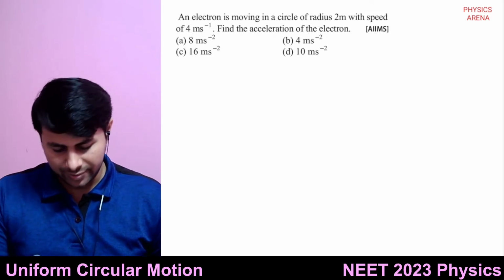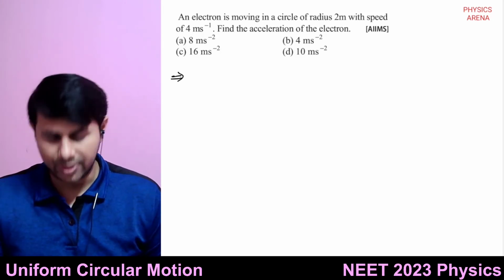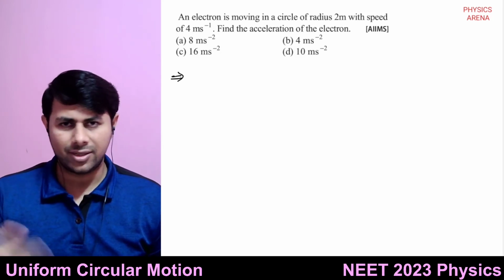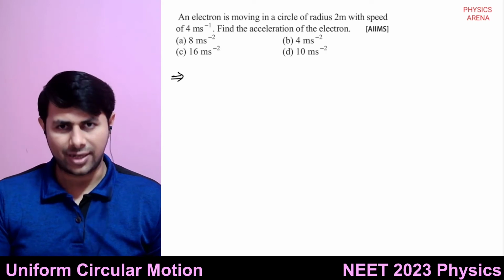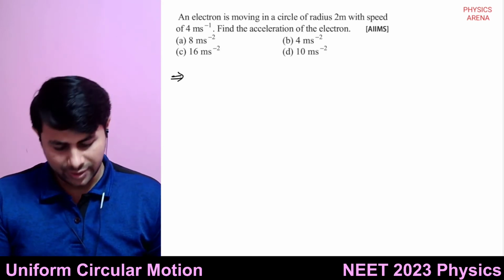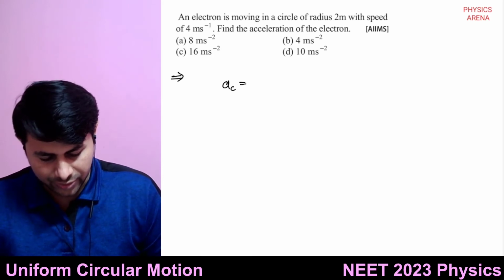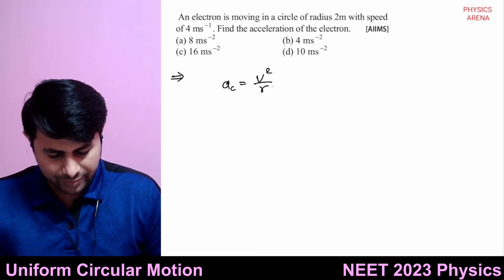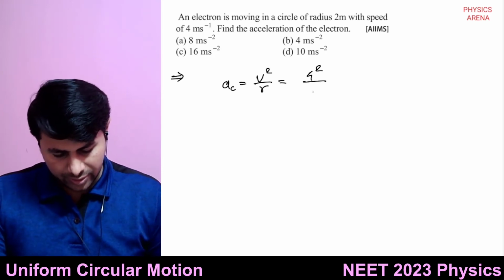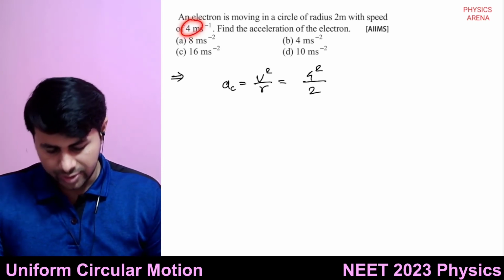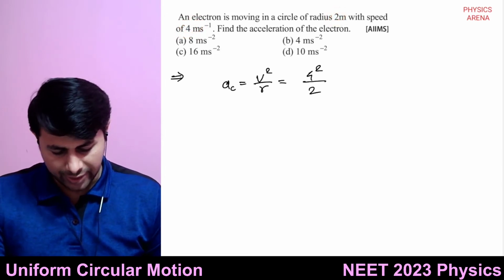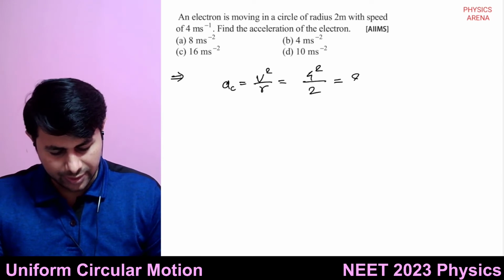It is centripetal acceleration only, right? It is moving with constant speed in a circle, so there is no tangential acceleration because magnitude of velocity is constant. So centripetal acceleration only, which is v square by r, which is 4 square divided by 2, because speed is 4, radius is 2. So 16 divided by 2, answer is 8 meters per second square.